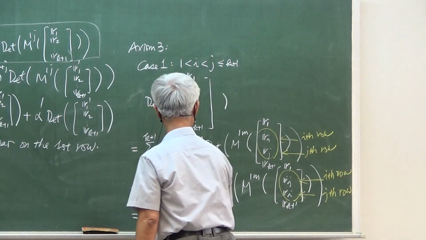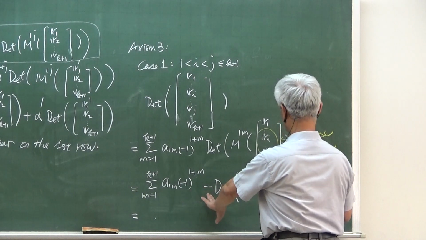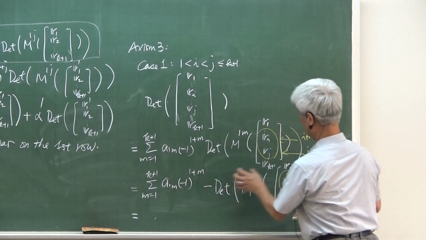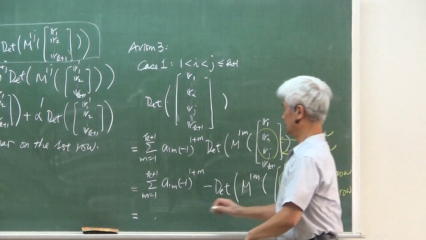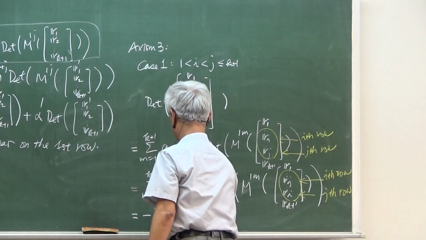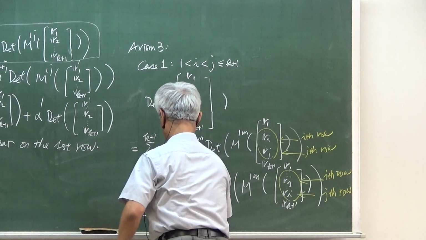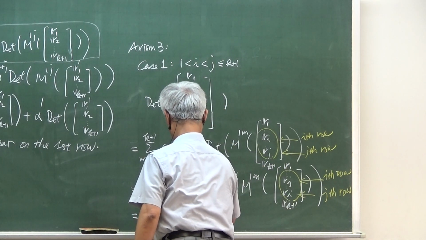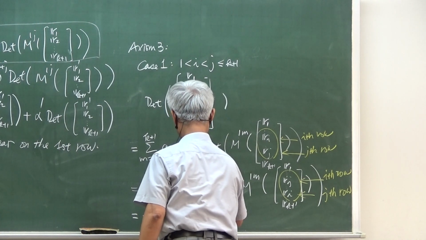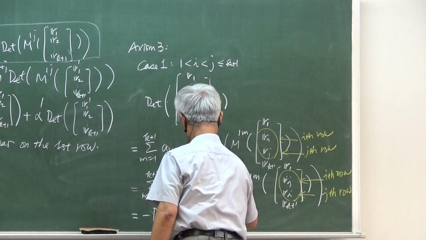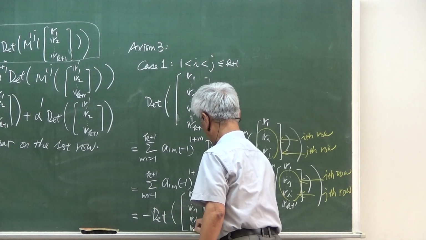Okay, and so now the first row, right? The a1n is still the entries of the first row. So now we have the minus determinant of R1, j, i, k plus 1.